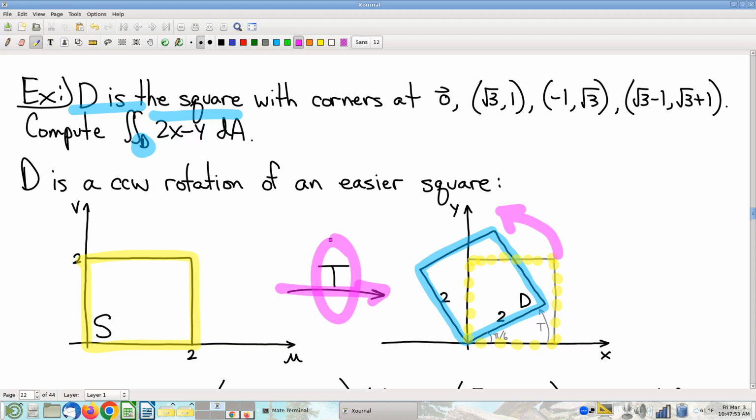Of course, now just to foreshadow, why are we viewing this square as a counterclockwise rotation? Well, because when I pull back, I will effectively be turning an integral on this undesirable square into an integral on my more desirable, lined up with the axes square. So the counterclockwise rotation, pulling back, will clockwise rotate the blue square into the yellow square. Okay. All right.